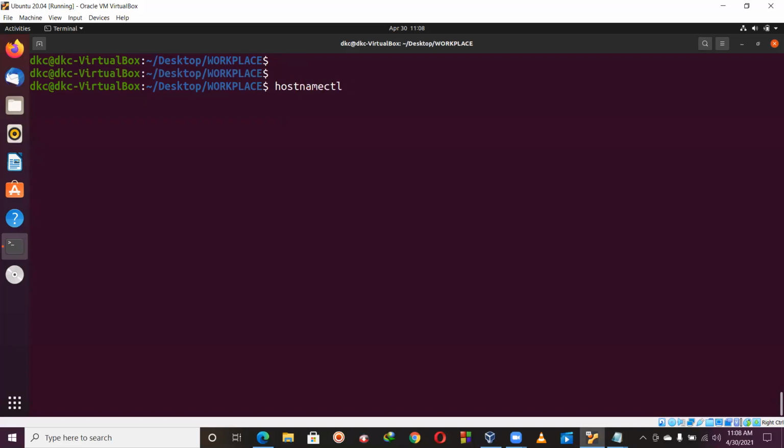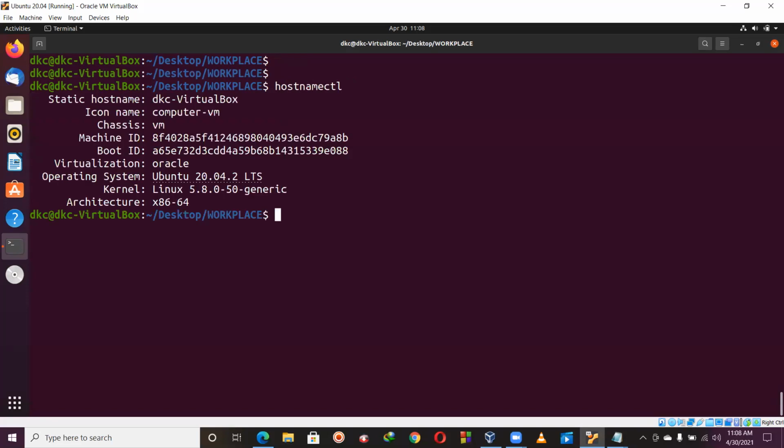Now see the difference. It gives you full information about your physical machine. A static hostname DKC virtual box, icon name computer VM, because I am running this on a virtual machine. Machine ID, boot ID, virtualization Oracle, operating system Ubuntu, kernel, architecture.